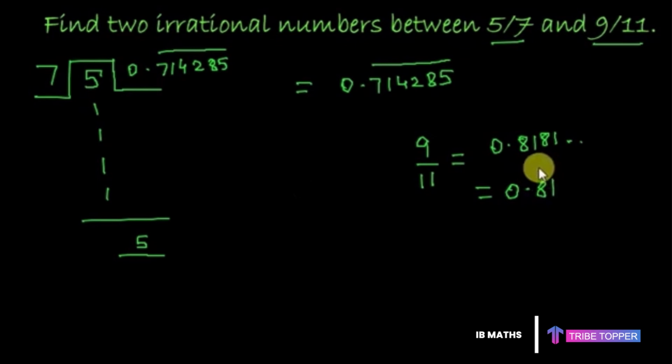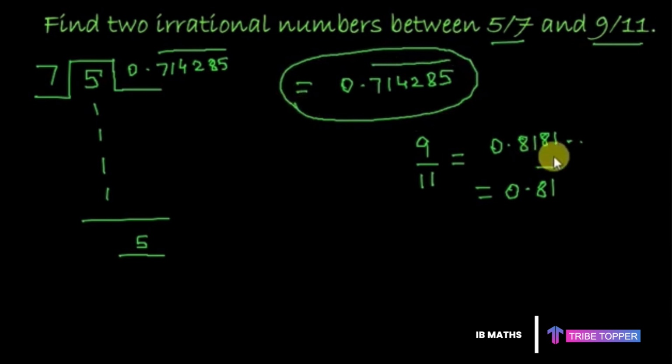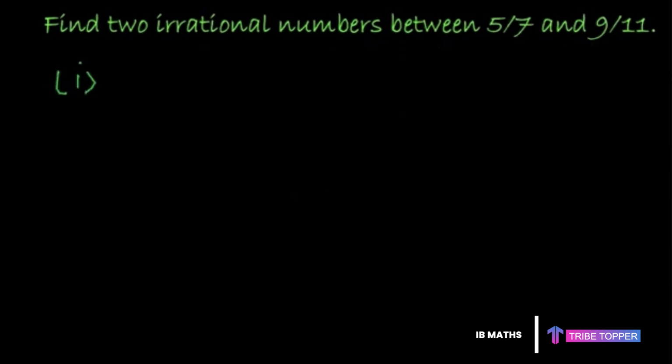And now we have to find two irrational numbers between this decimal number and this decimal number. So as we just saw in the previous question, you can have any non-terminating and non-repeating decimals like 0.730730073000 and so on.